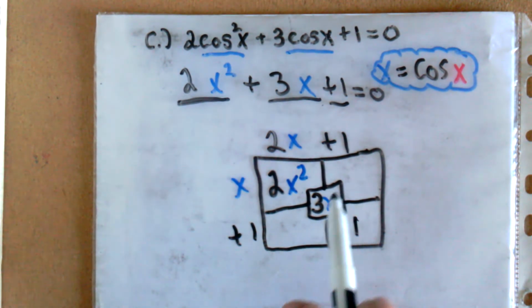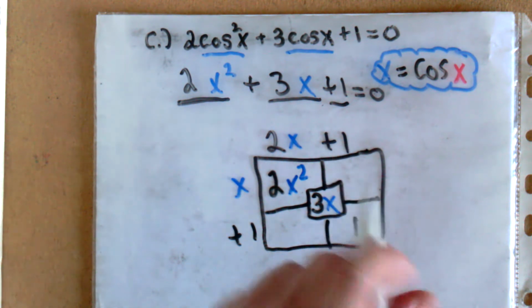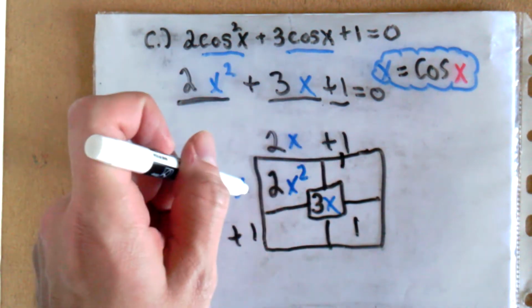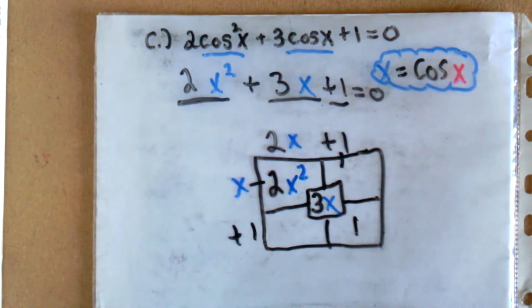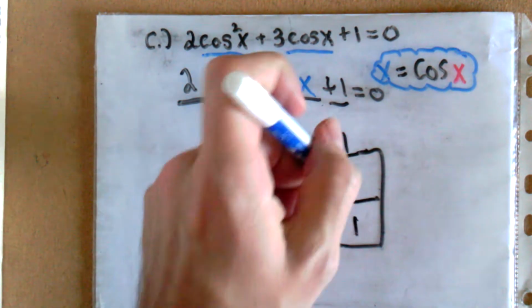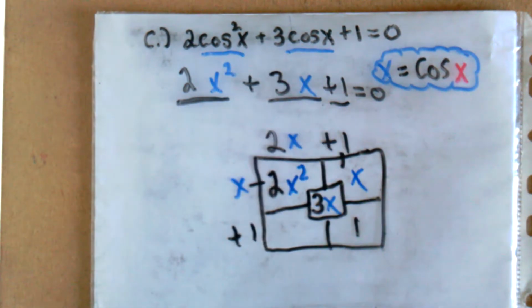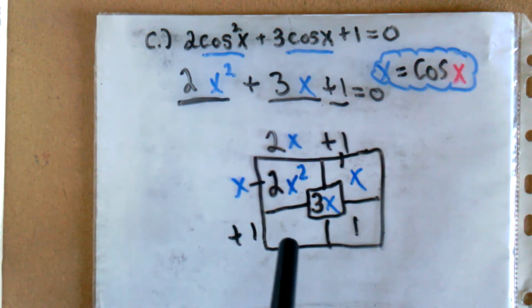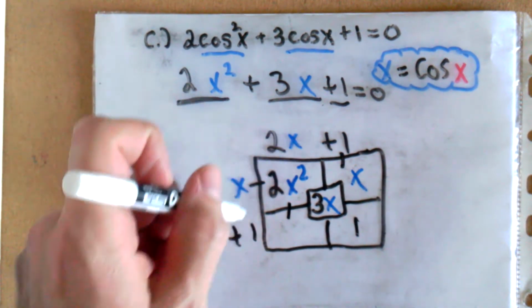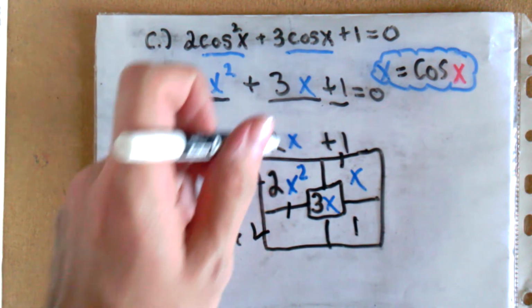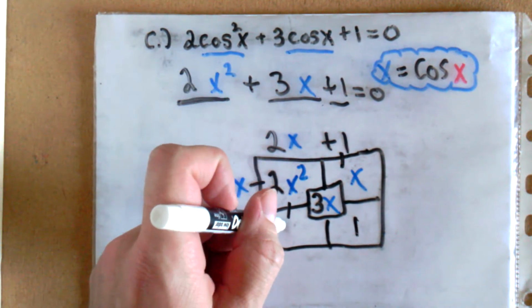So we're going to fill in the rest of the squares by multiplying 1 times x. 1 times x gives us just x, or 1x, same thing. And for this box, we multiply 2x times 1. 1 times 2x is just 2x.